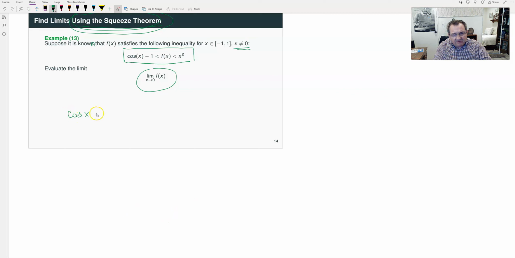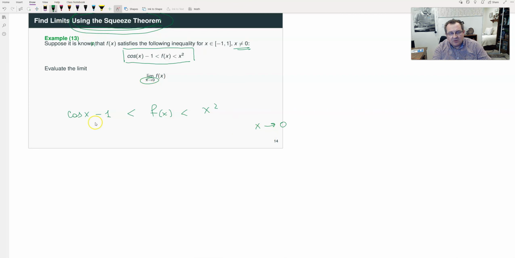On the left, we have cosine x minus 1. Then we have the inequality sign, f of x, and then we have x squared.